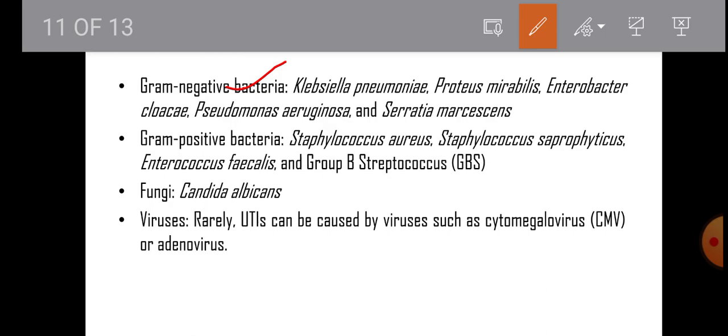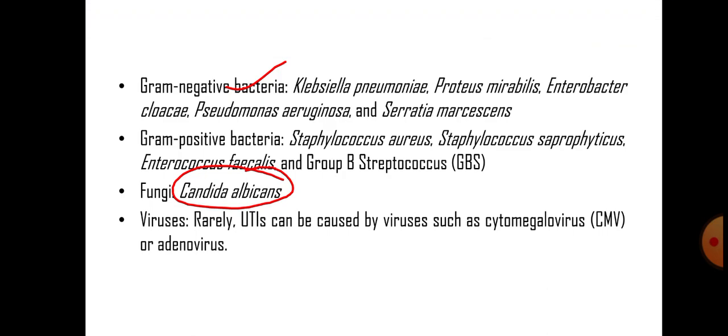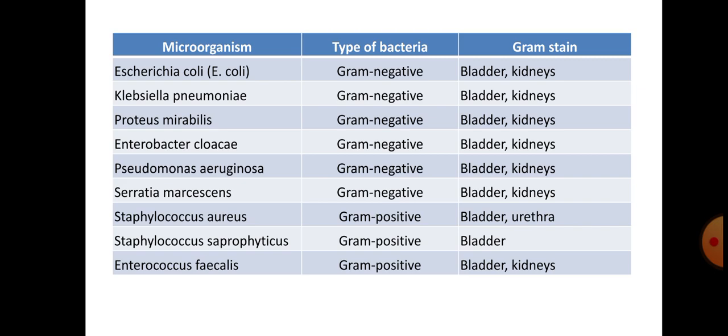In fungi, there is a dimorphic fungus, Candida albicans, and viruses. Some viruses such as cytomegalovirus or adenovirus are also known to cause urinary tract infection.